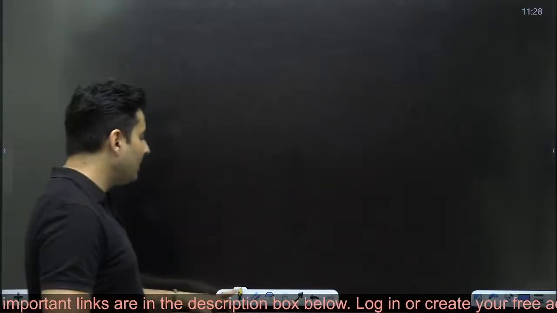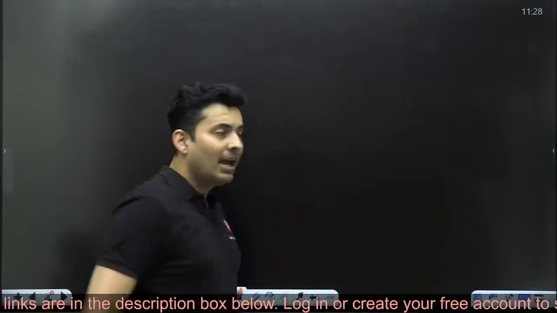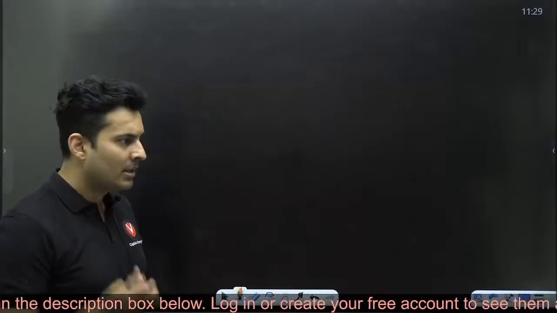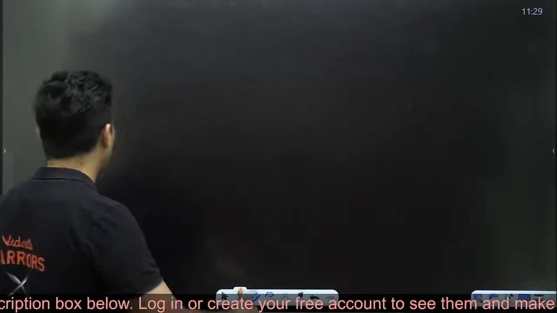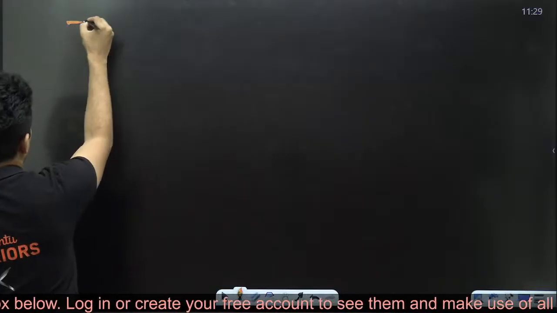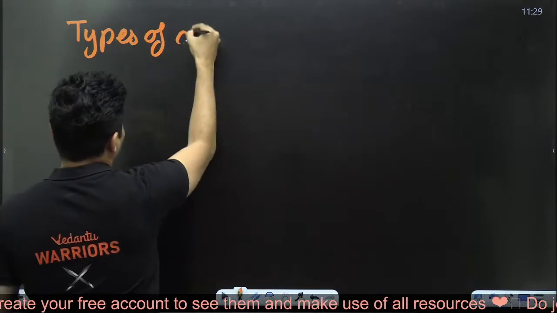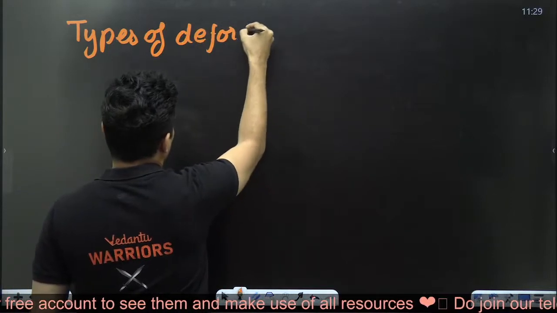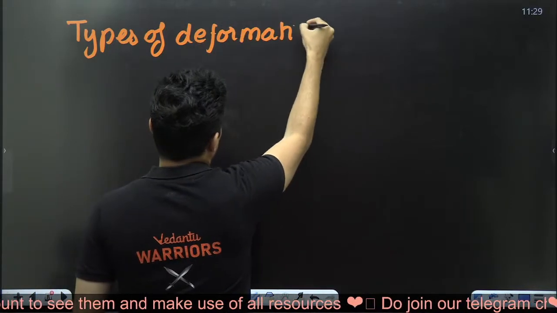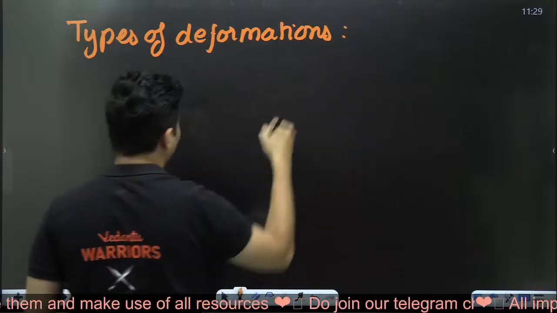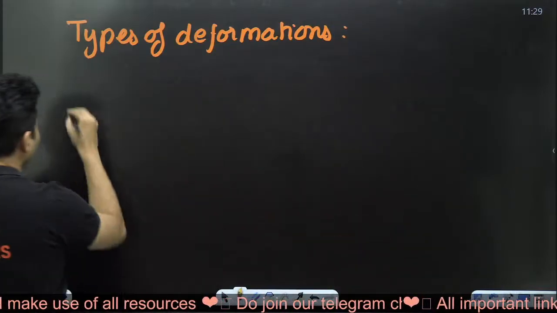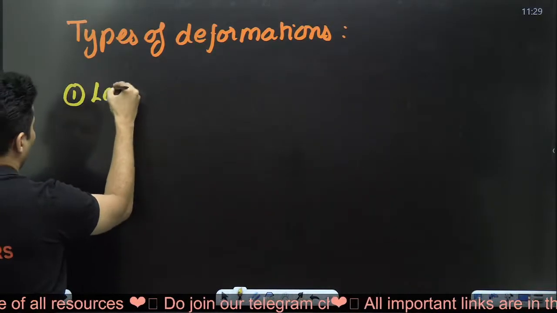Let's now go to the three major types of deformations and their formulas. Now the three major types of deformations that we are going to study. Number one, we are going to study longitudinal deformation.